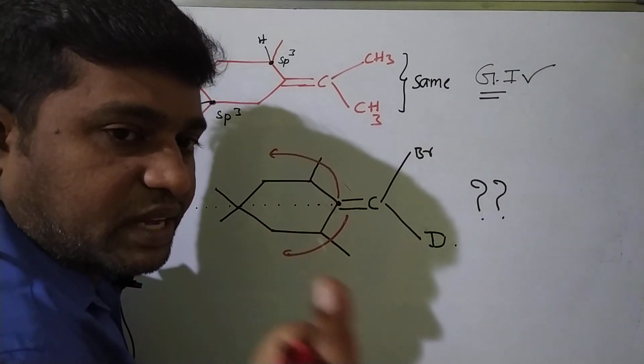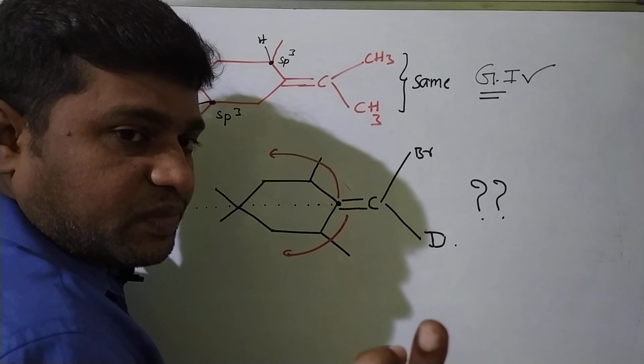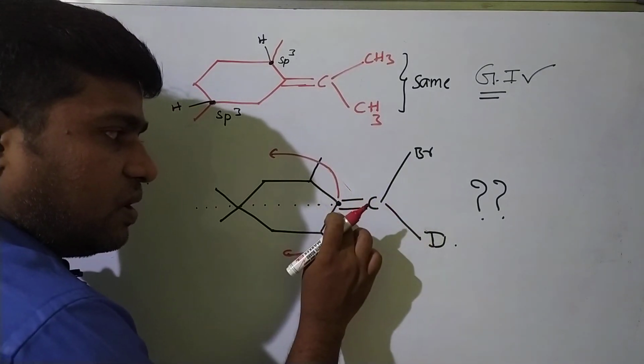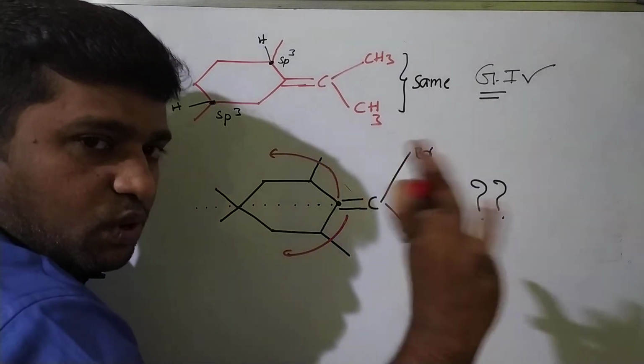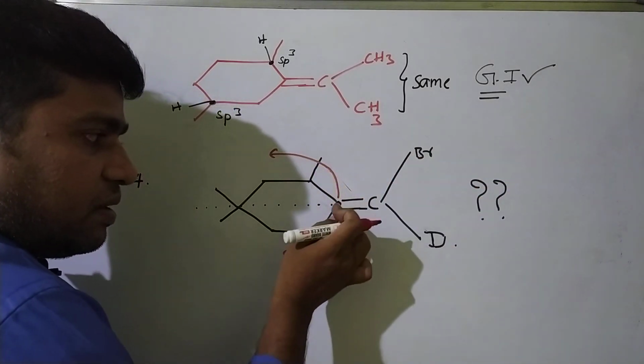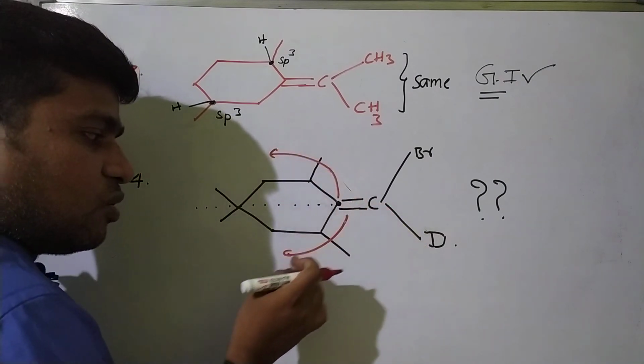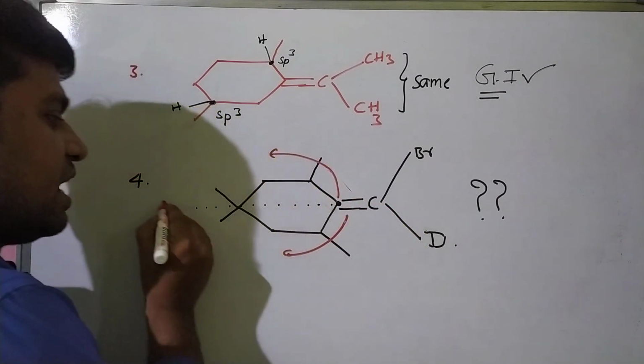Please listen carefully to what I am saying. With respect to this carbon-carbon double bond, these two groups are different. But with respect to this double bond carbon, on this side the groups are the same.